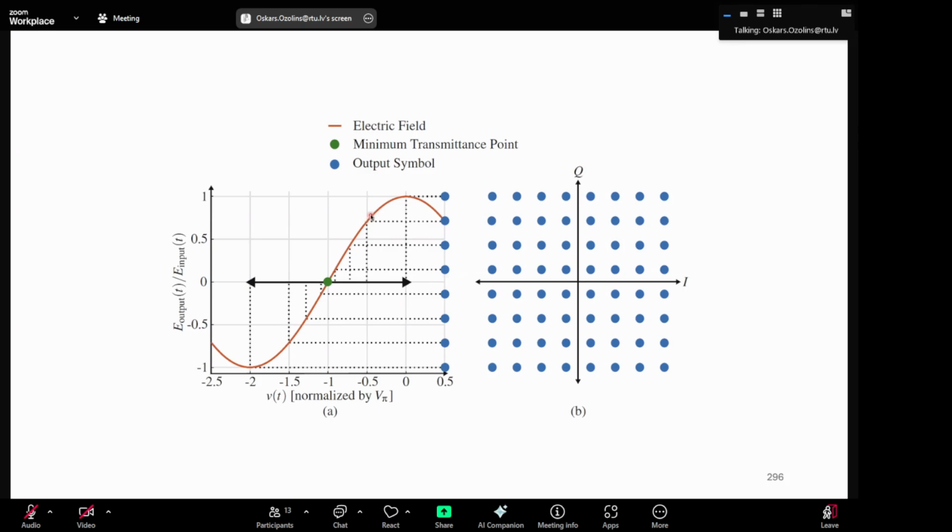In practical systems, you may use the nonlinear part here to clip away some of the spikes in the modulation from the top and the bottom.